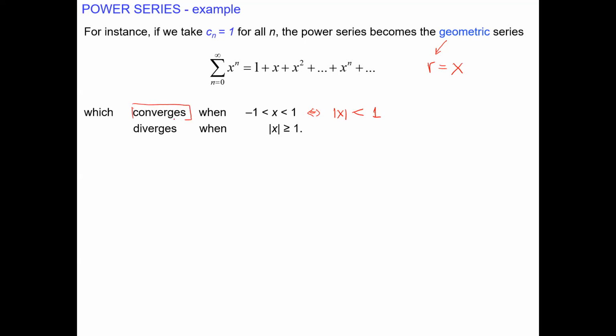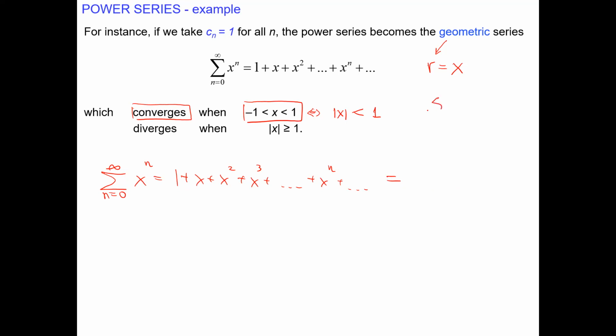Converges, that's important. Let me put this: the sum of x to the power of n is 1 plus x to the power of 1, x to the power of 2, x to the power of 3, and so on. If we only consider x's from that interval, we may have the sum.